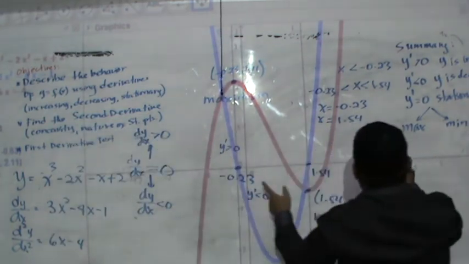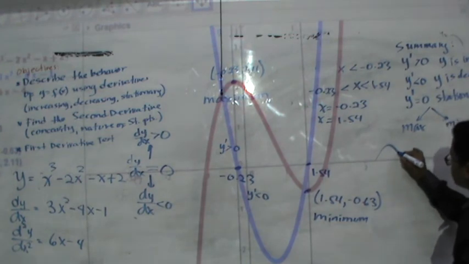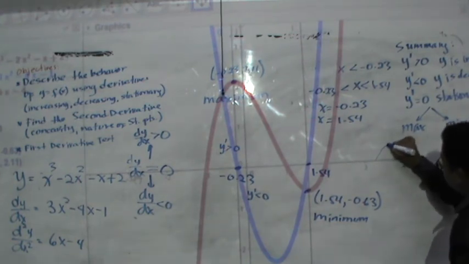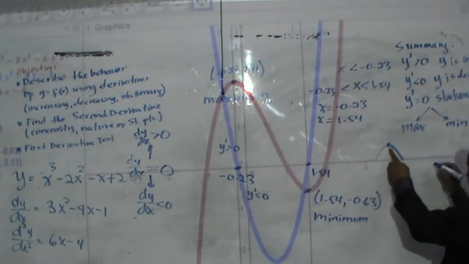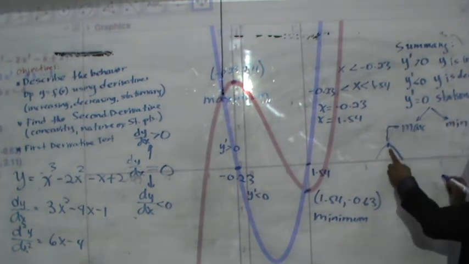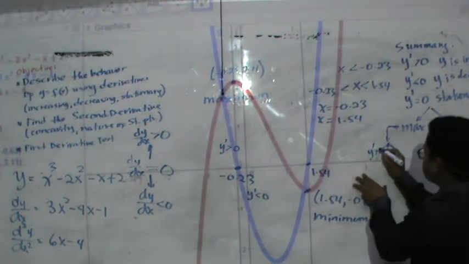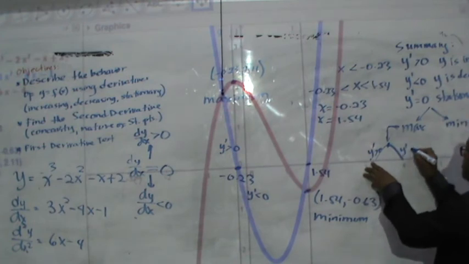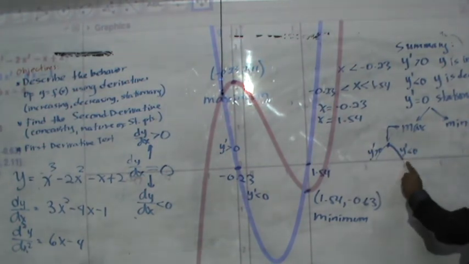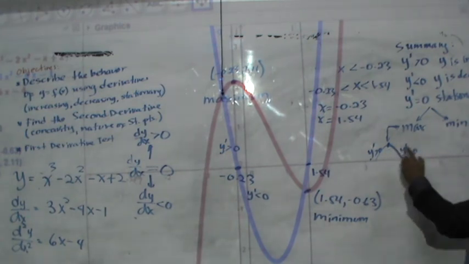So in short, if something is increasing and then all of a sudden it decreases after this stationary point, then we can say that this point is maximum. So if y prime is greater than 0 and changes to y prime less than 0, then this stationary point is maximum.